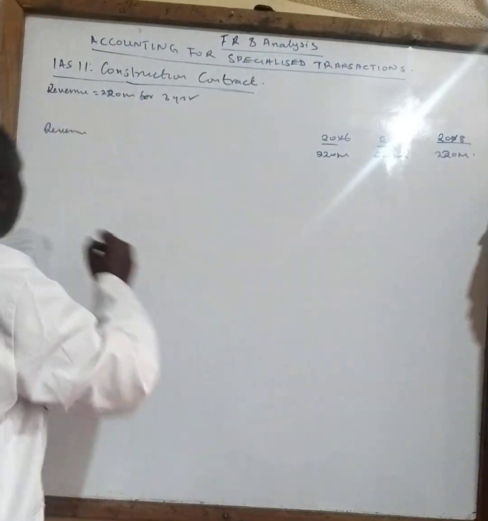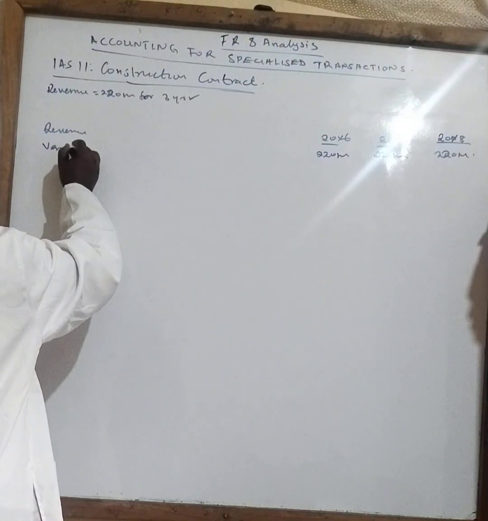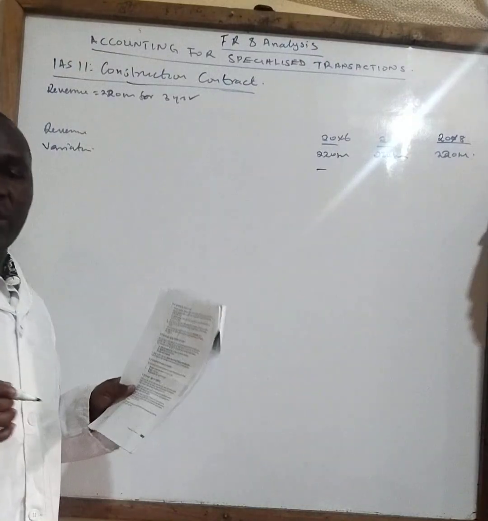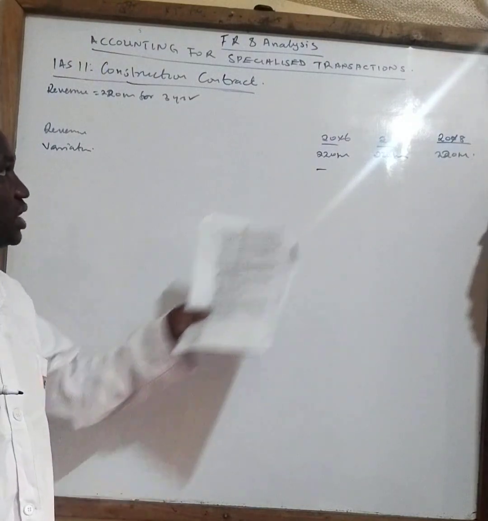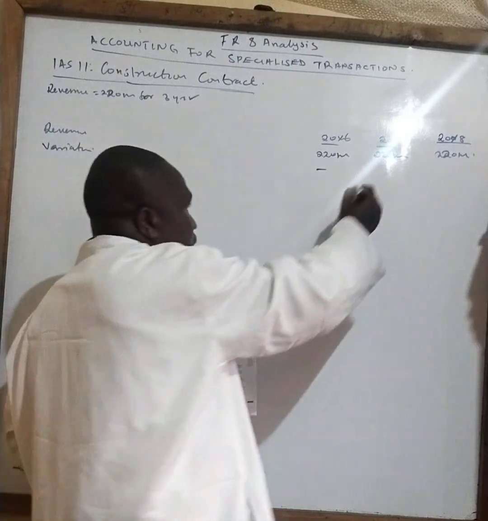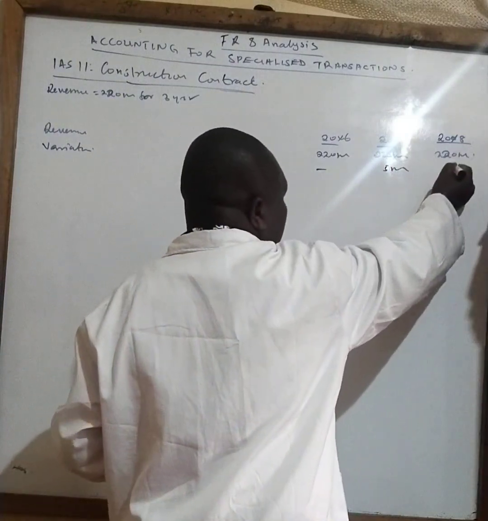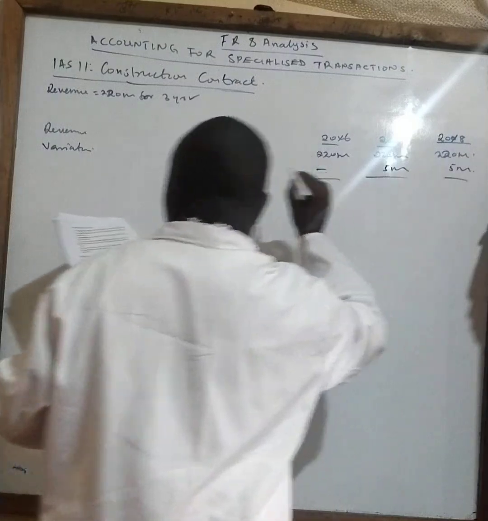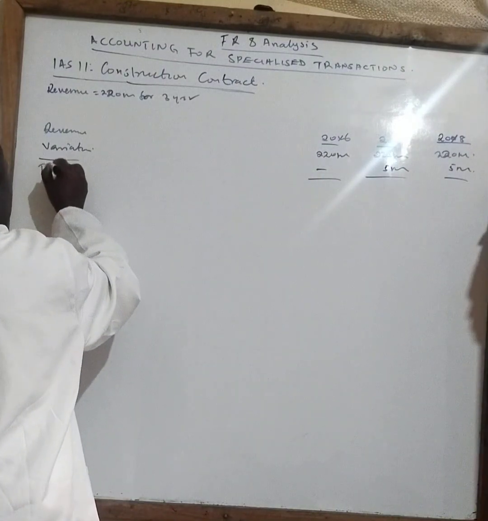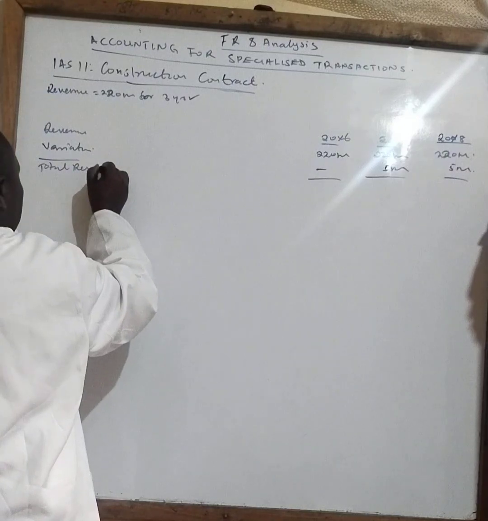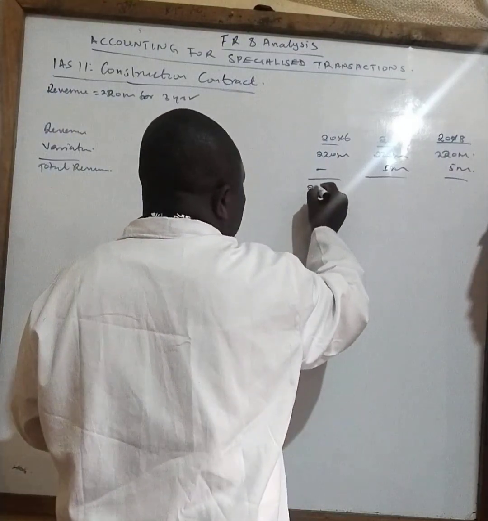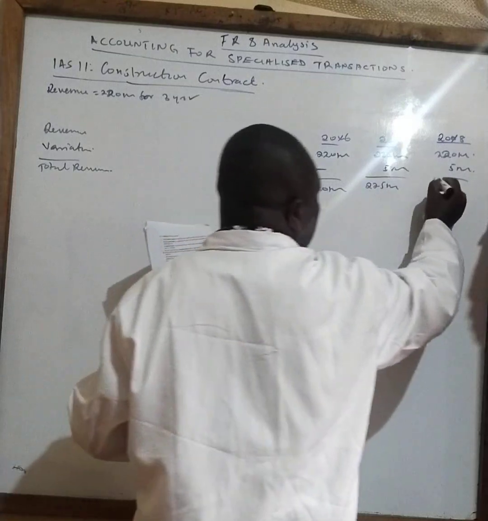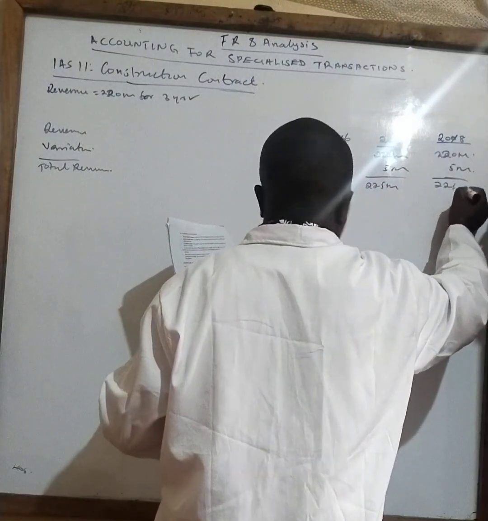So revenue is increasing due to variation. There was no increase in revenue in the year 2006, but there was an increase in 2007, 5 million. Then also 5 million, like that. How much is the total? So total revenue: this is 220 million, this is 225 million, and this one is 225 million.